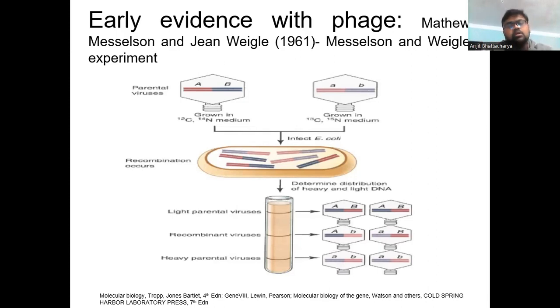So this was an early observation, and when the markers were analyzed, it was found that indeed there is a mixing of the genetic markers, like we have already observed in crosses for meiotic recombination, and here marker exchange is occurring between the DNAs.